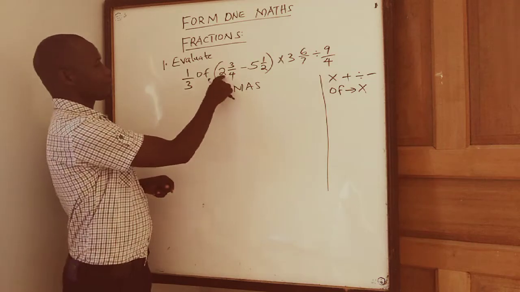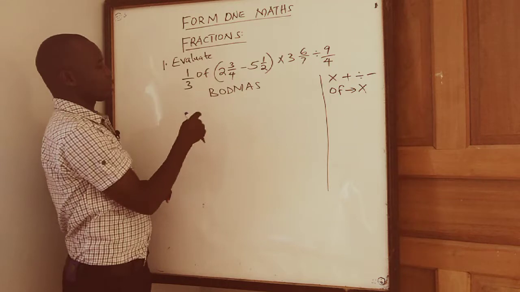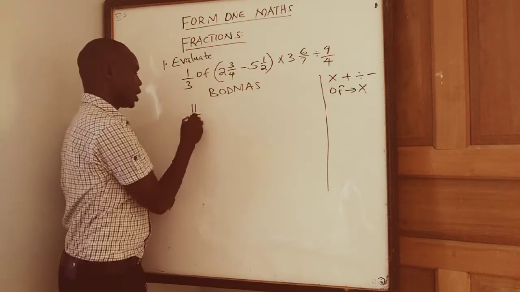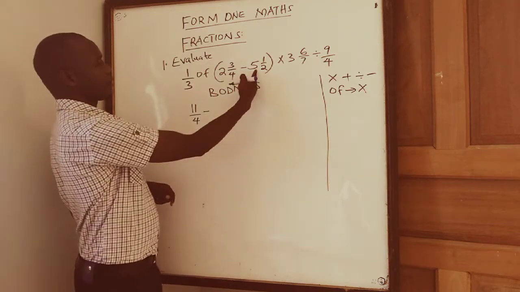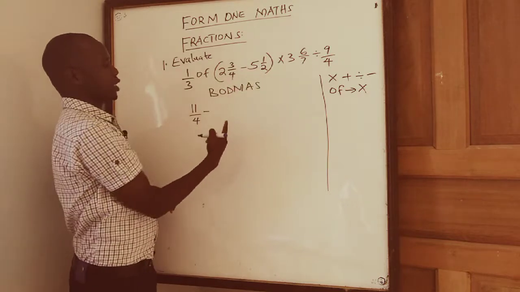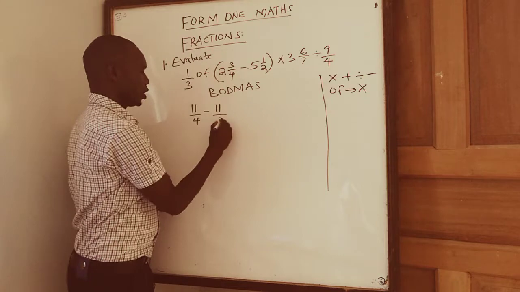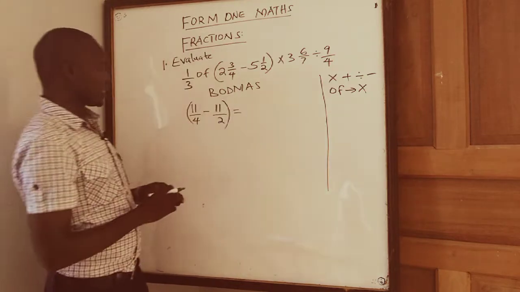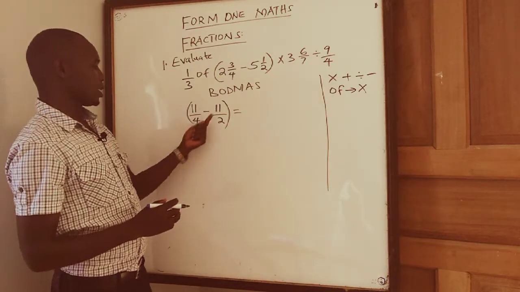We have 2 3/4, which is 4 times 2 is 8, plus 3, we have 11 out of 4. Then minus 5.5, which is 2 times 5 is 10, plus 1, this is 11 over 2.